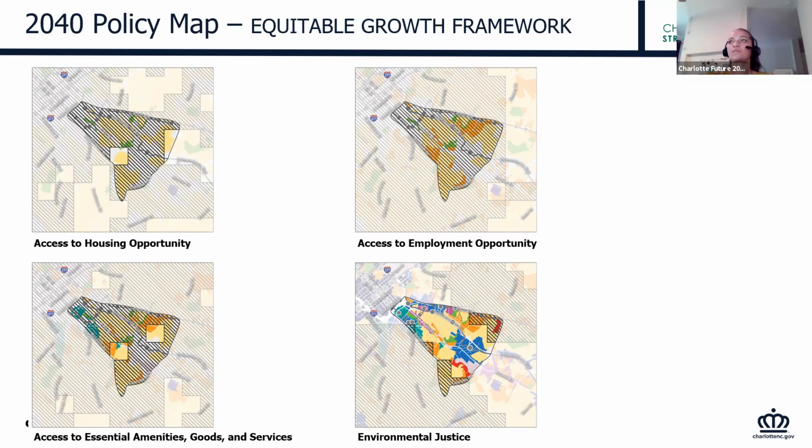You can see just from these 4 maps that there's relatively good coverage for housing opportunity, goods and services, as well as employment. But there are gaps in the environmental justice area, and we'll look at these maps closer.